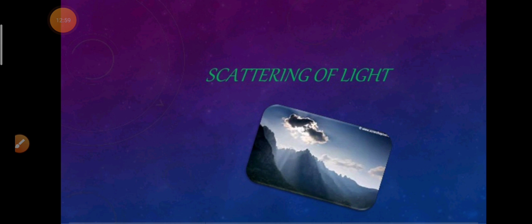If there is no scattering, then you will see everything as black. It is the same reason that at night you see the sky as black, because there is no light. In the absence of light, you will see dark. Obviously, if you turn off the light in your home, you will see dark. Similarly, at night you will see everything as dark.